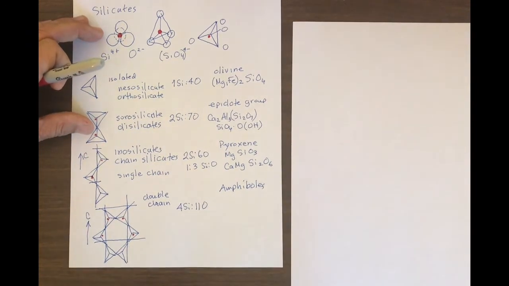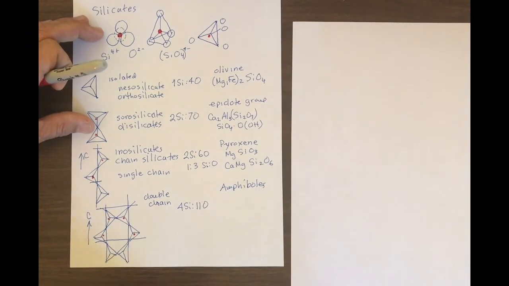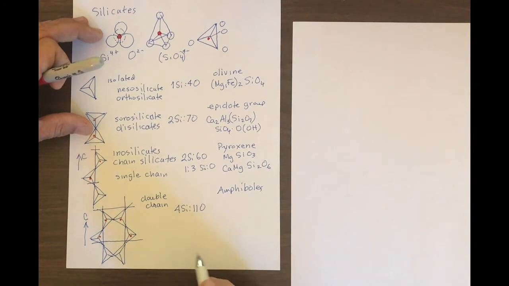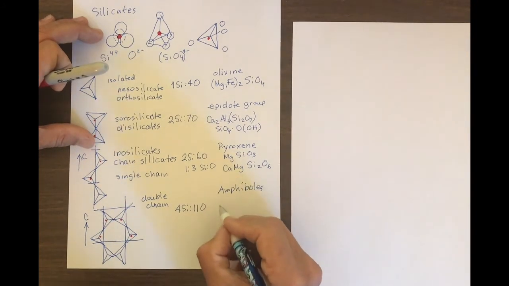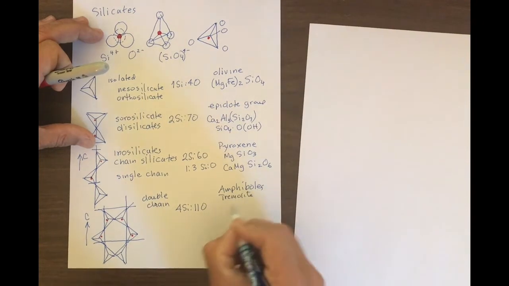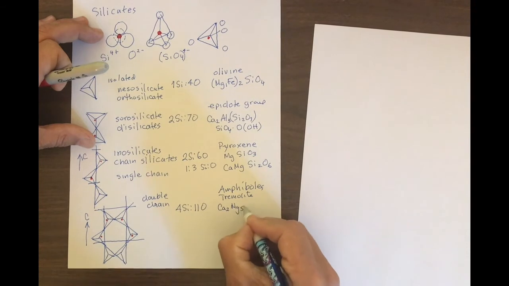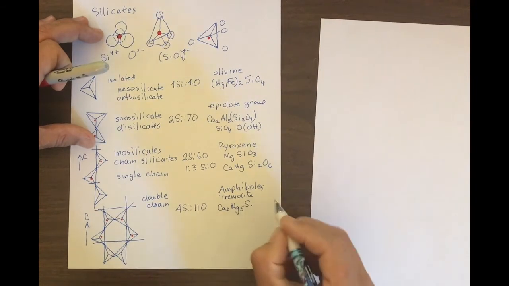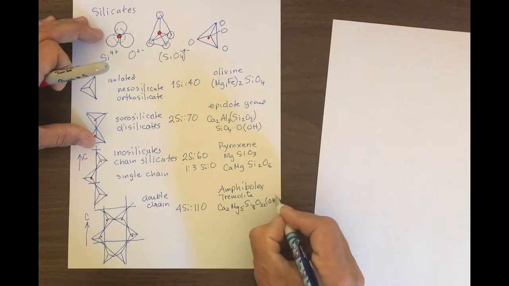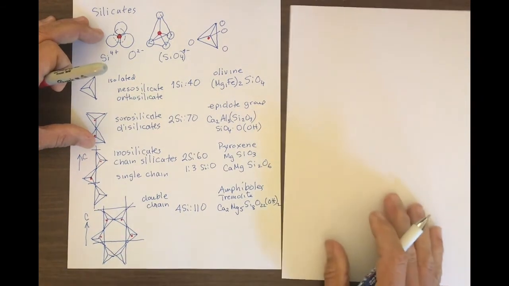Okay, so amphiboles that are double chain silicates always have this stoichiometry of 1, 4 to 11. So a common amphibole would be tremolite, which has a formula Ca2Mg5Si8O22(OH)2. Okay?